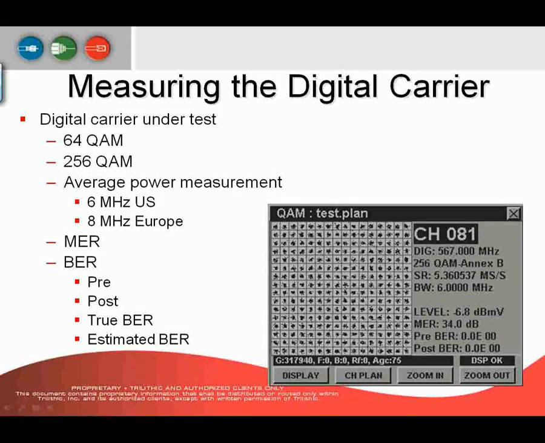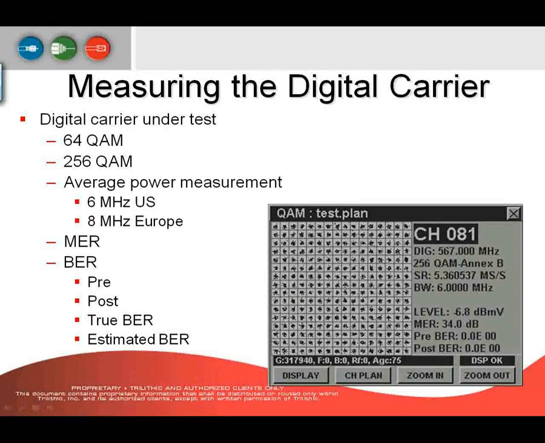Just remember, when you're looking at an estimated BER, that it's possible for it to sometimes miss a random burst of noise that pops on screen. It can miss some of that information versus true BER.